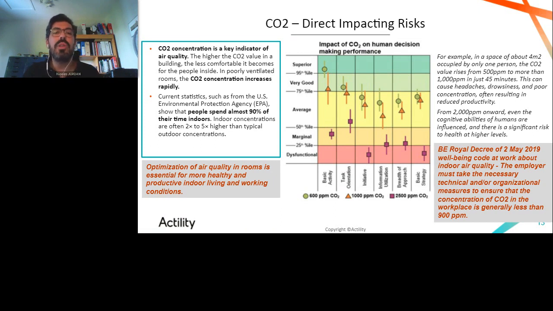And if the building is poorly ventilated, you increase the CO2 in the room. There are a lot of sources, and I have a few of them in that slide. In the US, the Environmental Protection Agency shows that people spend almost 80% of their time indoors, and indoor levels are often 2 times higher than typical outdoor concentration.